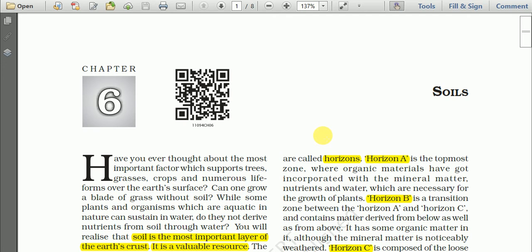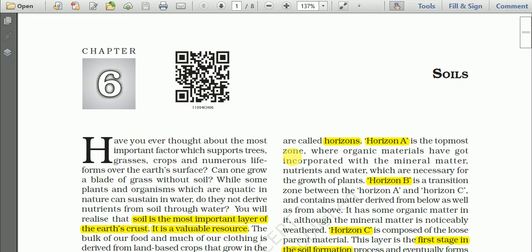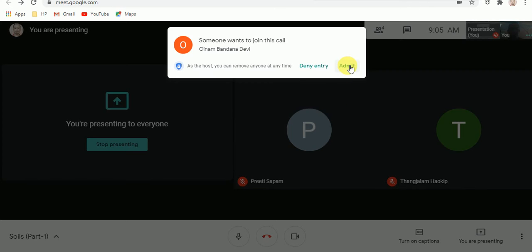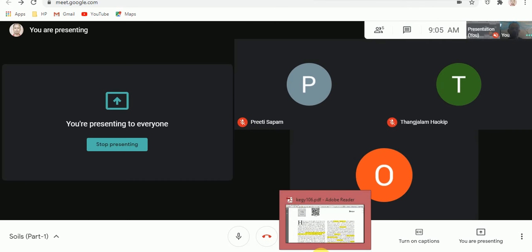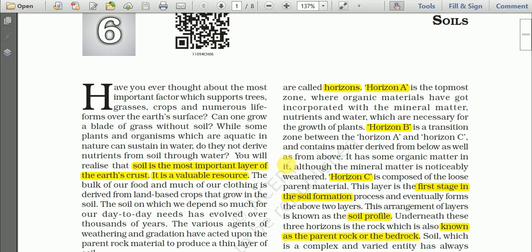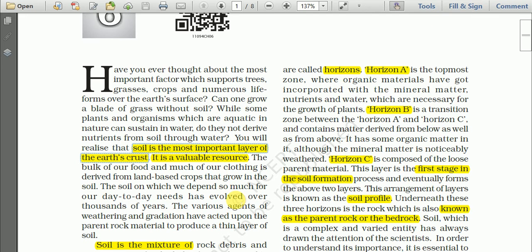We have already learned about different types of soils found in India in class 10, so we may revise it now. We know that soil is the most important layer of the earth's crust, and soil is a valuable resource.